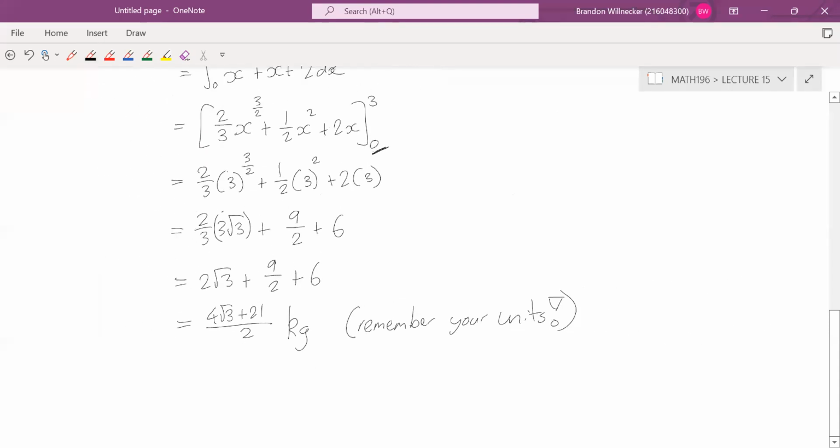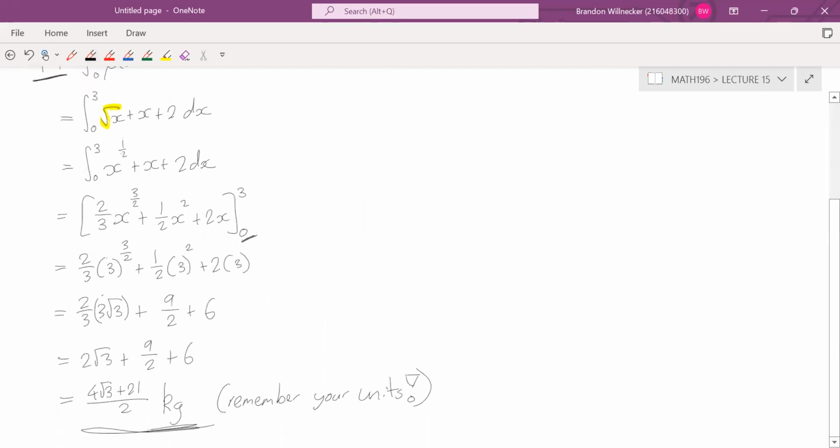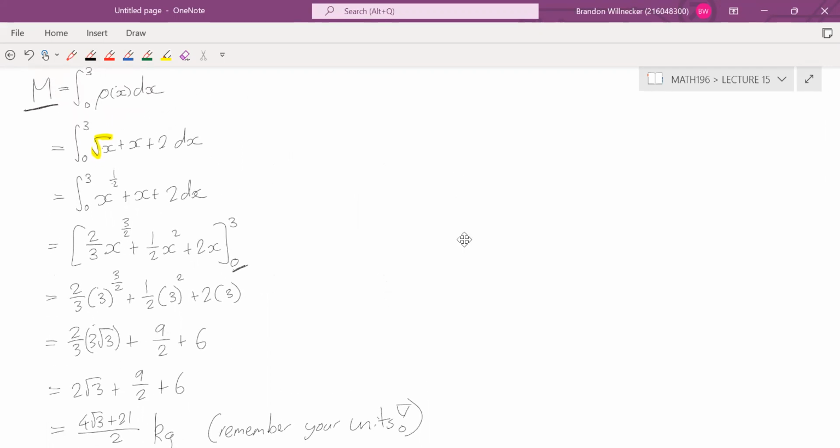In this particular case, we're asked to find the mass, so we need to put the mass units at the end. Remember you are getting marked on this final answer, so you have to put the units there. Are there any questions about this? Okay, nice and simple. Let's take a look at the next one.